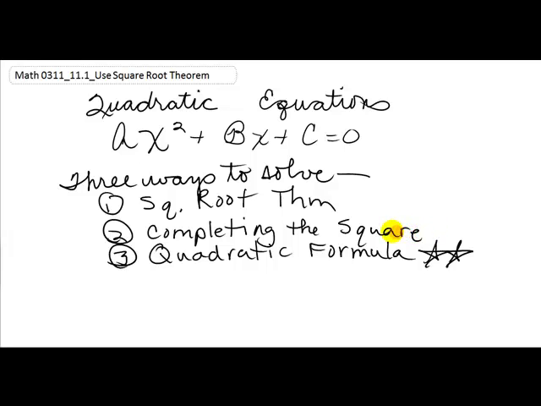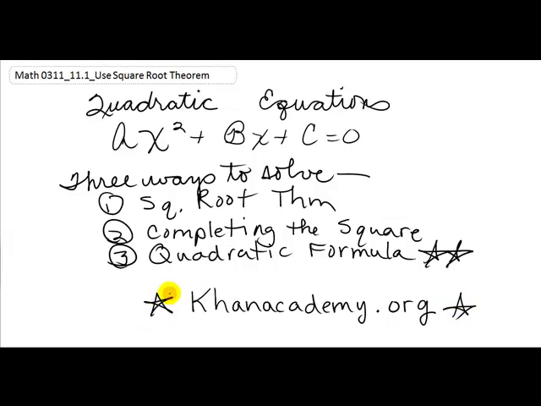But know that you can get that information by going to YouTube, by going to khanacademy.org. This is an excellent website for math and your science classes. But because you can do everything with the quadratic formula, that's why I'm not going to take our time with completing the square.